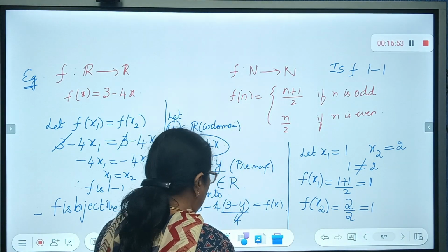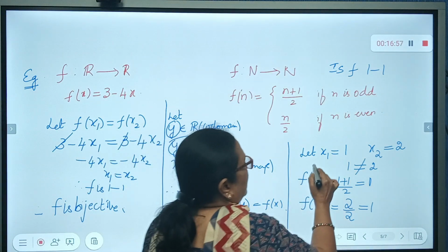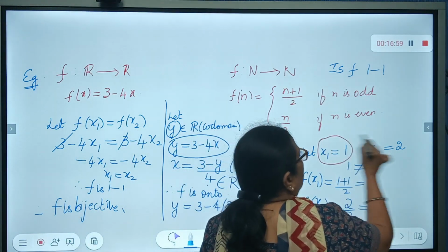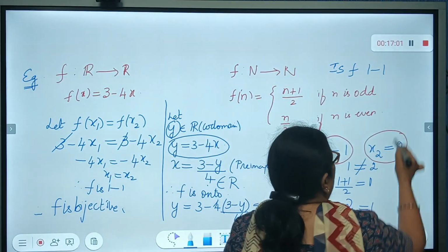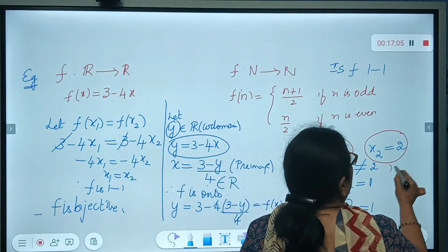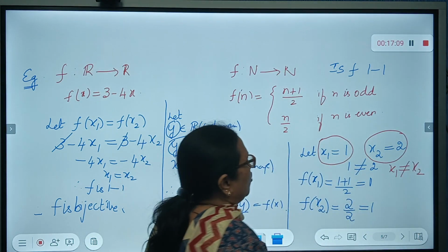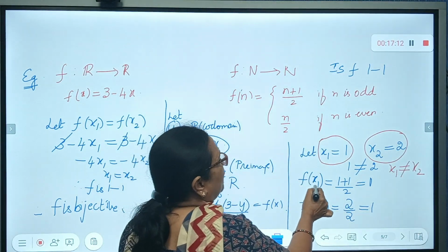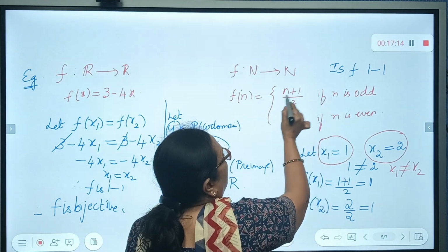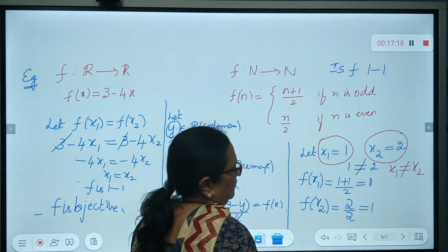So, what do you observe? x1 is 1, x2 is 2. I have chosen one odd and one even number. So clearly x1 is not equal to x2. But what will be f of x1? For f of x1, I have used the formula for odd, (n plus 1) by 2, so (1 plus 1) by 2, which is 1.